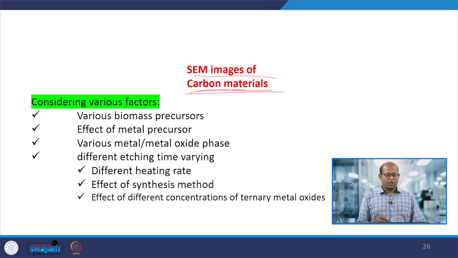We can prepare one material or another by considering different factors, such as various biomass species and biomass precursors. To get a specific material, the source of biomass or precursor matters, and depending upon the source the property also changes. We can also take metal precursors, such as metal oxides, nitrates, sulfates, chlorides or acetates.